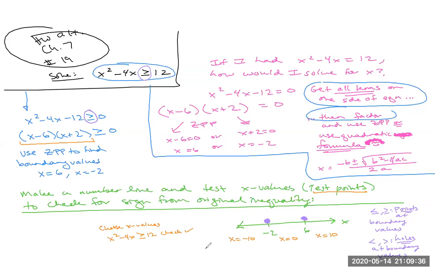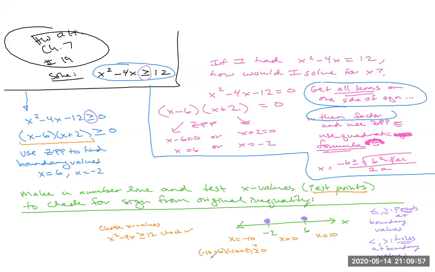So if I were to actually plug -10 into this shortened form, -10 minus 6 times -10 plus 2, is that greater than or equal to 0?